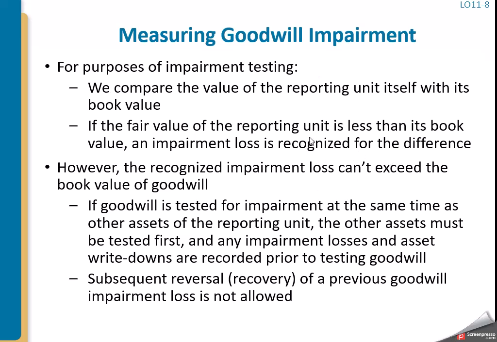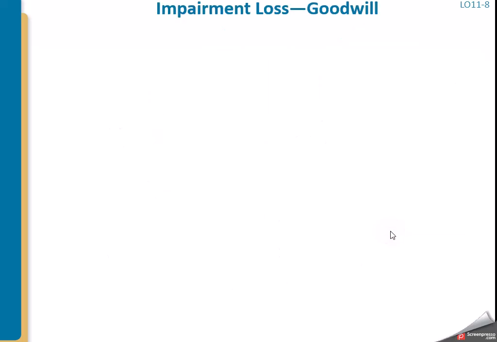So if we look at that difference and we say, okay, it's $50,000, but then we go to our books and all we have in goodwill is $30,000, then we're just going to take the impairment loss for the $30,000. We're just going to get rid of the goodwill. So we don't go below that. So we test it again annually, and then we would write it down as we need to.